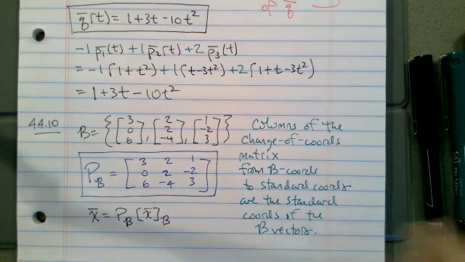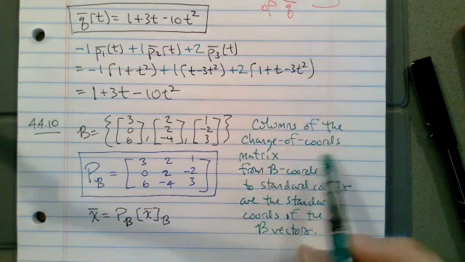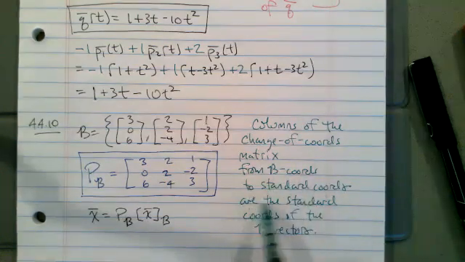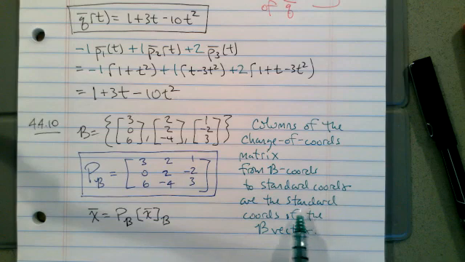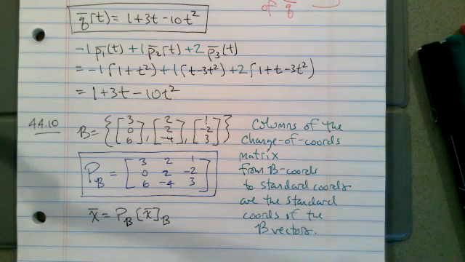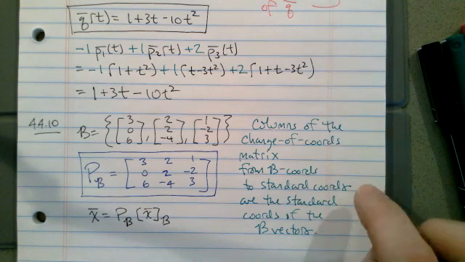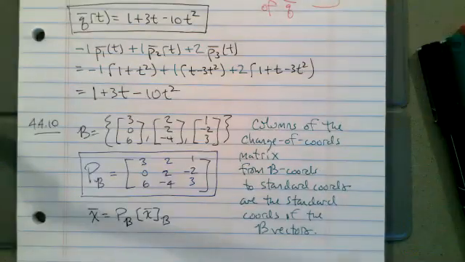The reason that I wanted to write this sentence, the columns of the change of coordinates matrix from B coordinates to standard coordinates are the standard coordinates of the B vectors, is that we have multiple bases for the same space. If we have a set of B coordinates for a B basis, and another basis of weirdo vectors, C coordinates, and we replace standard coordinates with C coordinates, then the sentence tells us how to go from B coordinates to C coordinates.